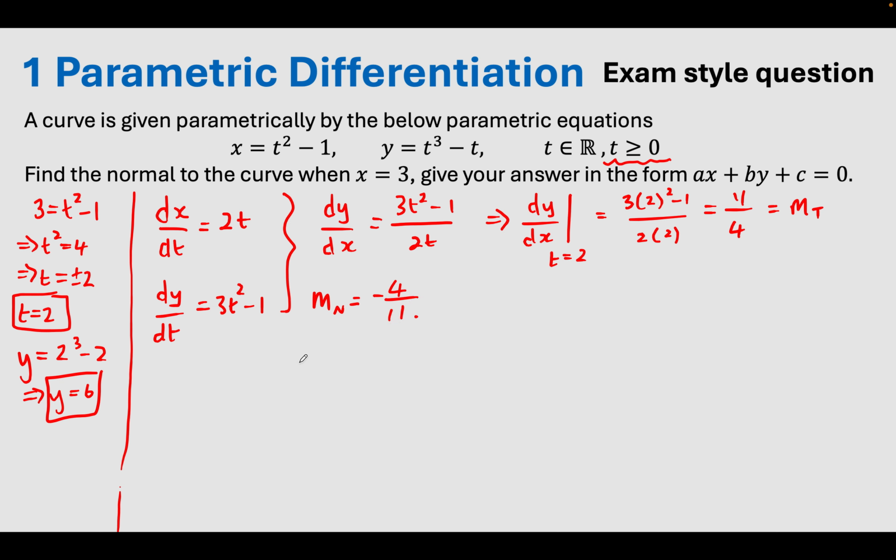Now, final steps. So for my equation of the line, I get y minus 6 is minus 4 over 11 times x minus 3.